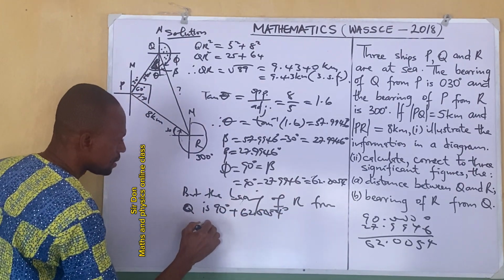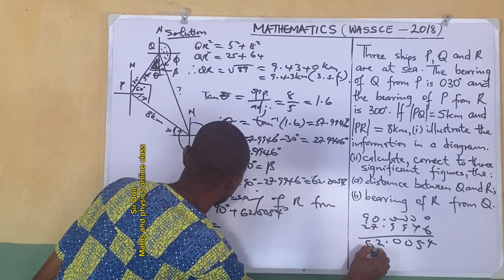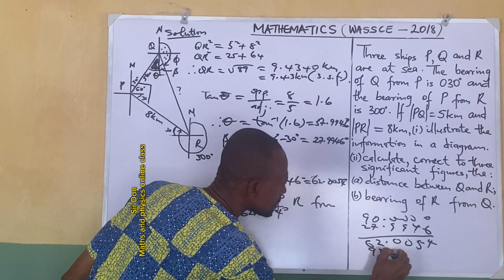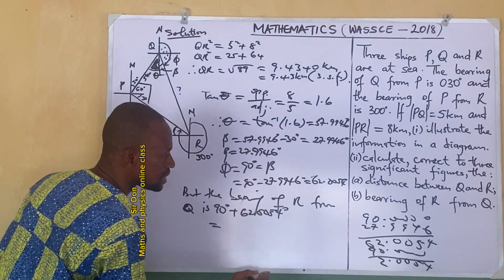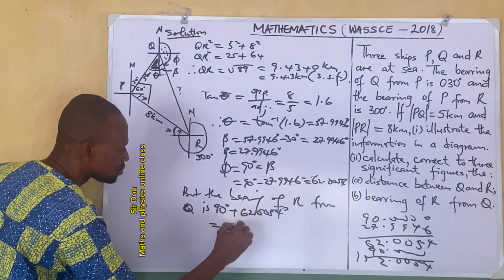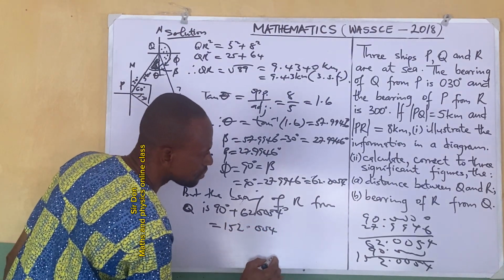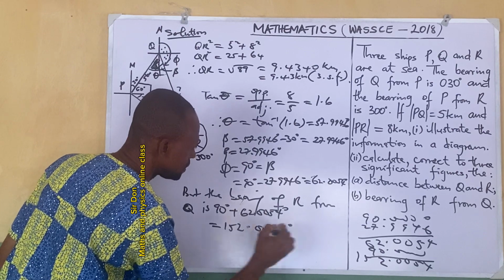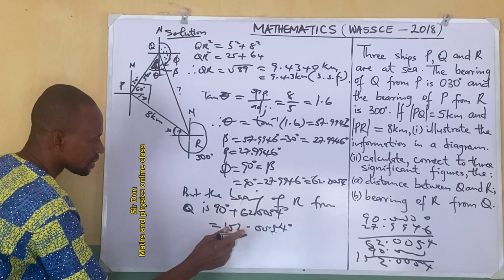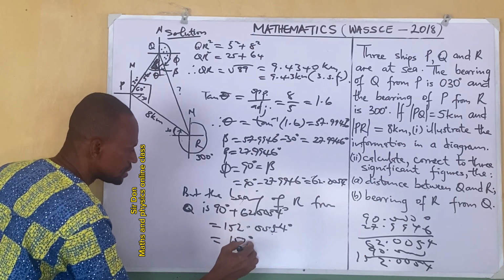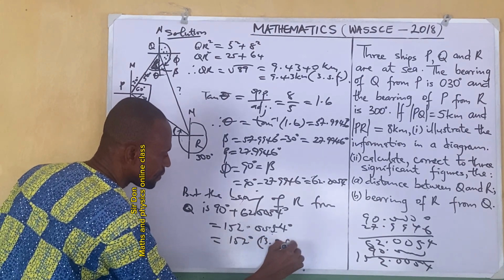If you add it, 90 plus 62 is 152, so 152.0054 degrees. To three significant figures, 1, 2, 3: 152 degrees. That is the answer.